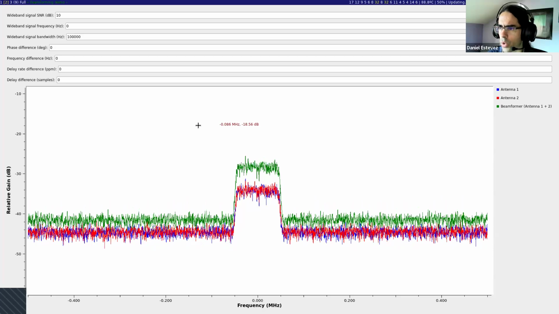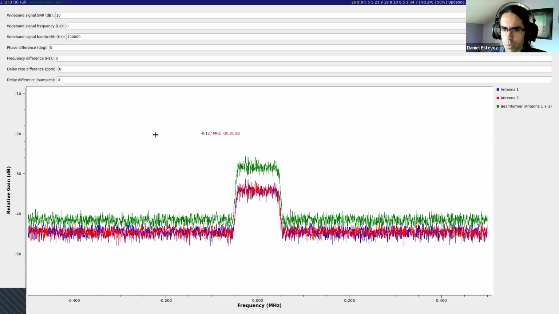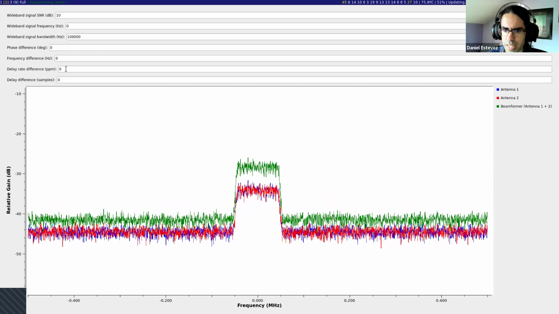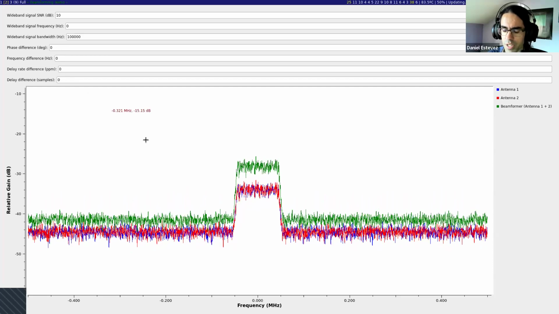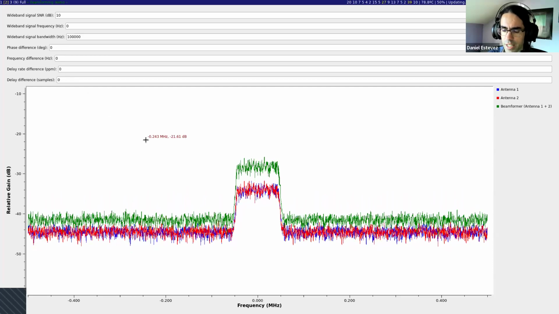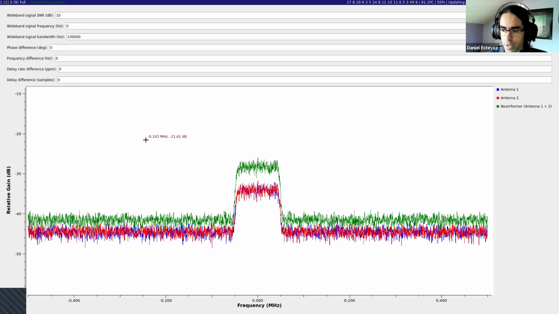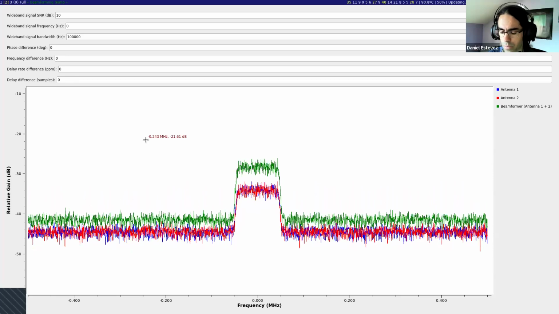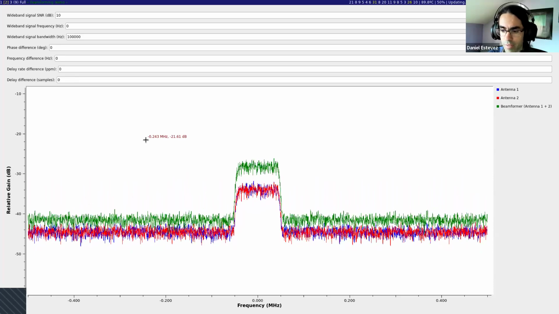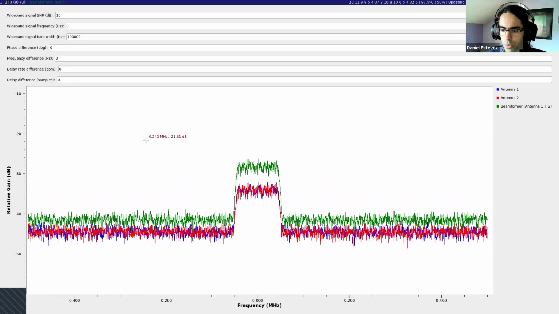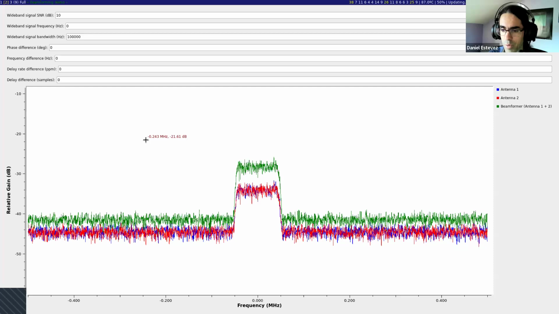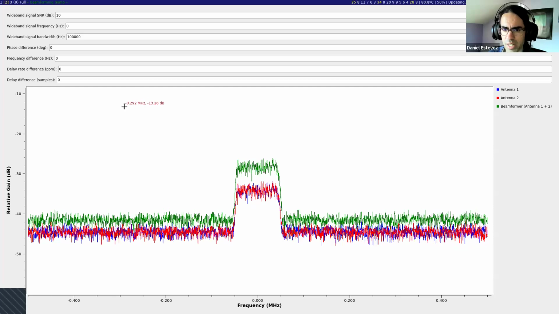Okay, so now that we have everything in place, what we can do is to experiment to see what happens when the signal that arrives at each of the antennas is not the same, because of real world effects, or even if we try to do a calibration to remove these real world effects, the calibration is never going to be completely accurate.